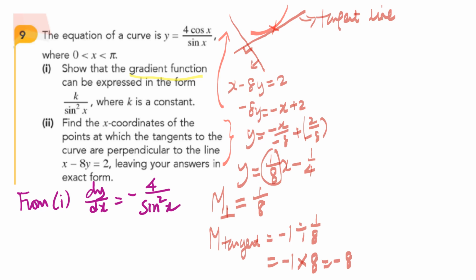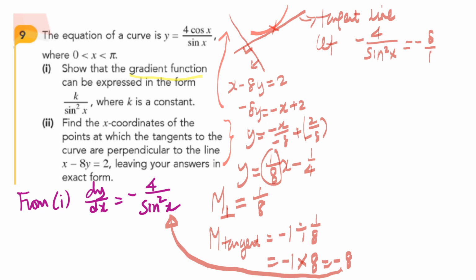Alright, so this gradient, negative 8, is equal to what we have found in part 1. This value here is equal to what we have found in part 1. Okay, so we're going to equate, or rather, we're going to let negative 4 over sine square x equal negative 8.